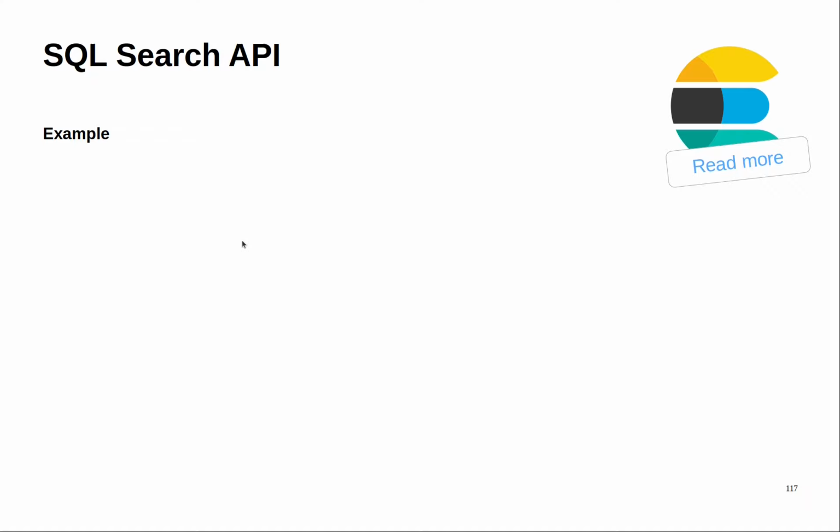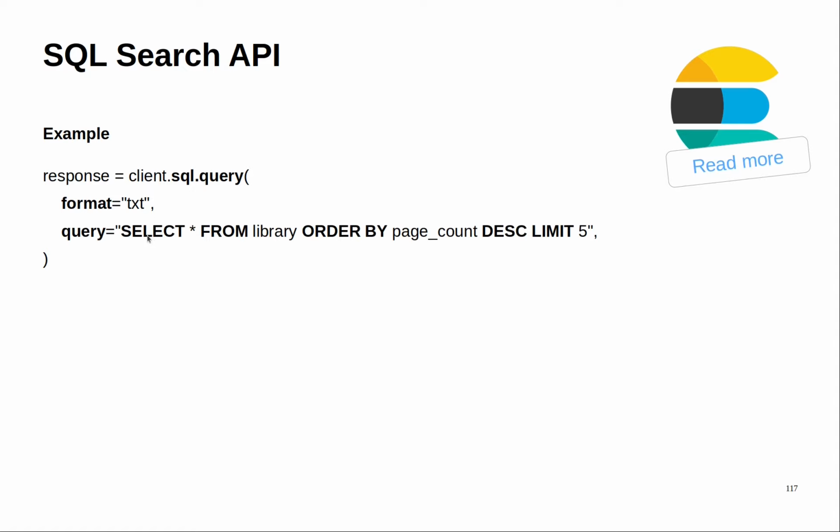Let's walk through a simple example. We use the SQL API and call the query method. In this case, I have specified that the output format should be text. The query will select all rows from the library index, sort them by page count, and limit the results to the first 5 documents.